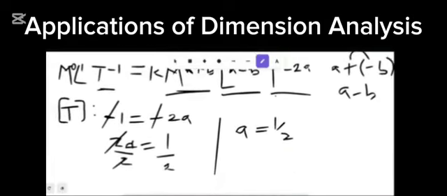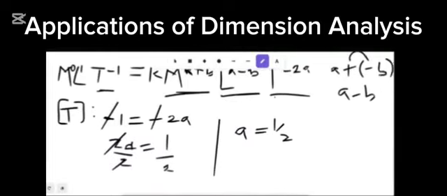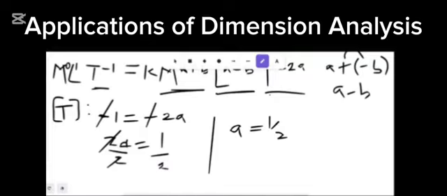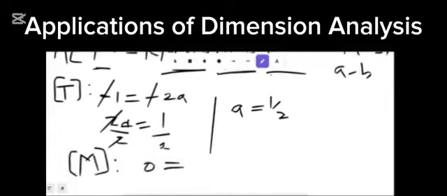It is 0. So 0 equals to, what's the power of M here? A plus B. But A is equals to 1 all over 2. So 0 equals to 1 all over 2 plus B.